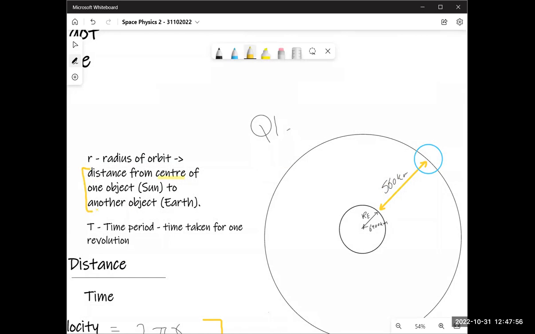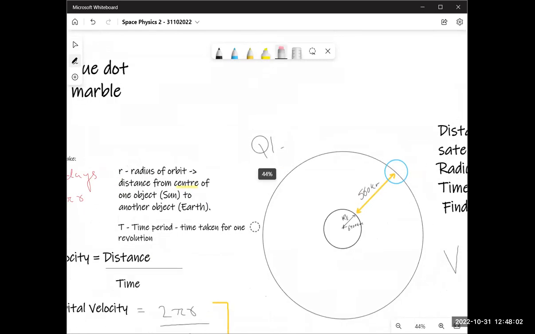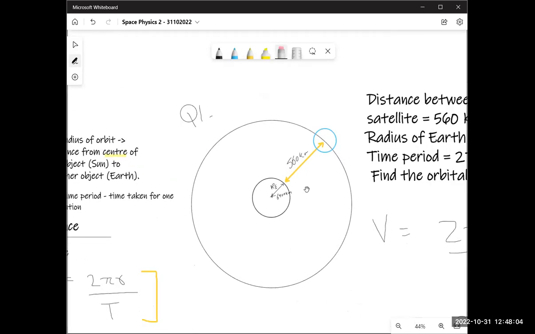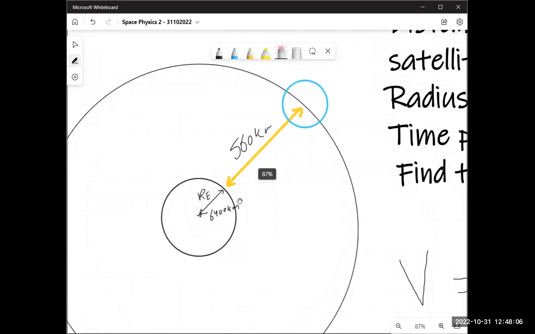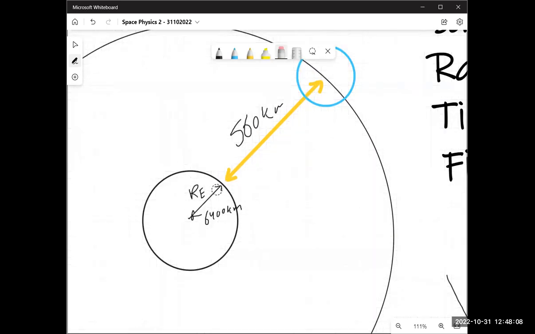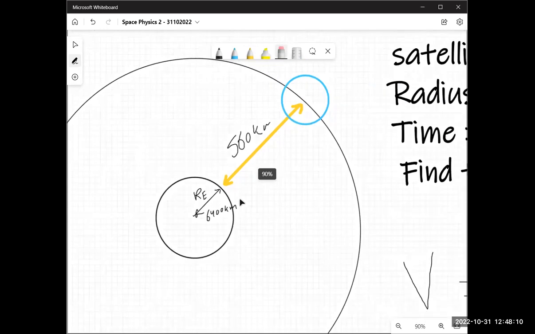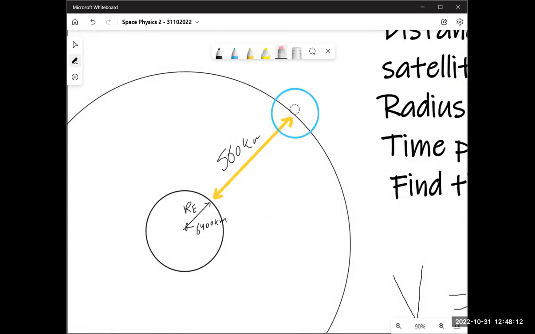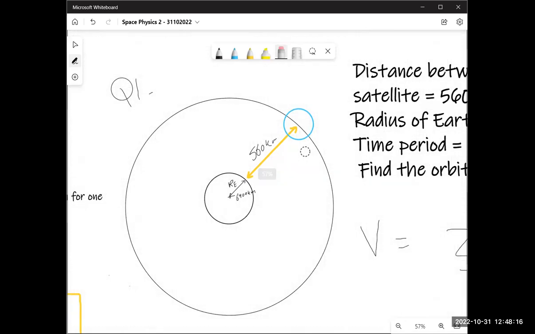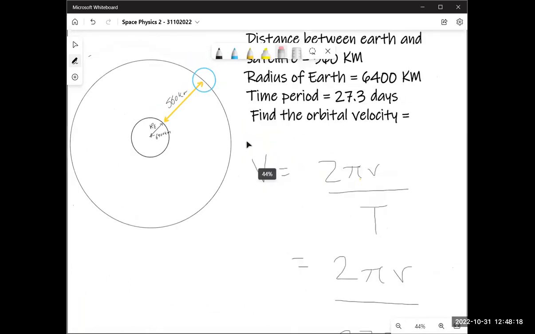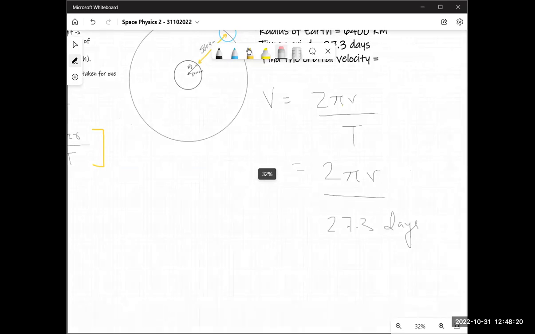Radius of orbit is distance from center of one object to another object. Right. So basically, it's the distance from the center. So now they've given us the radius of the Earth, and they've given us the distance between Earth and the satellite here. Now, what do you think is the value of R in this case? This R.